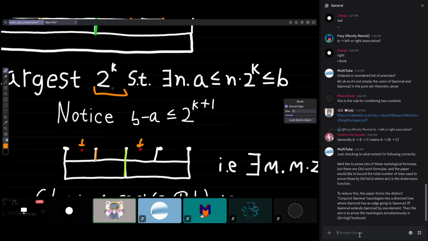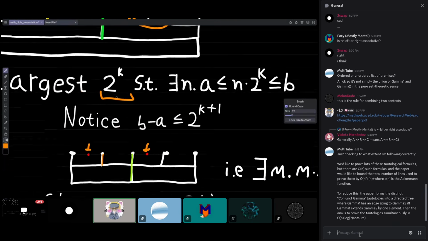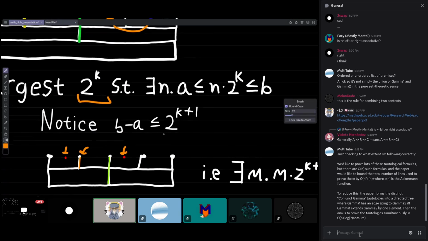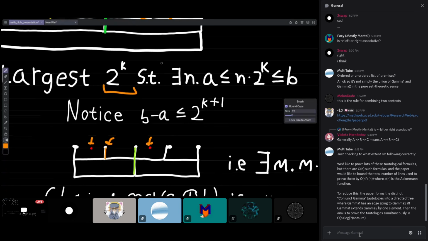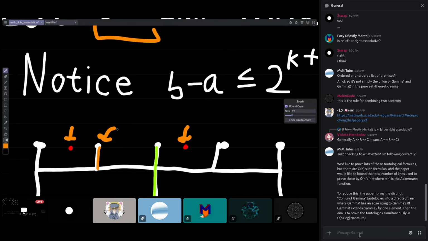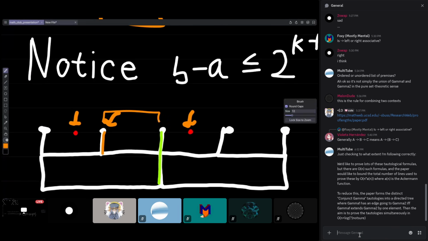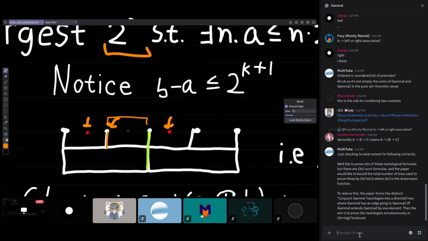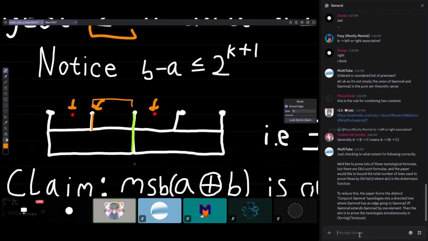So if we assume that 2 to the k, which is this line here, times n is between a and b, and this 2 to the k is the largest one that has this property, and if we assume that the difference b minus a is greater than or equal to 2^(k+1), which means you have this guy between them, it breaks because you get a larger cut.